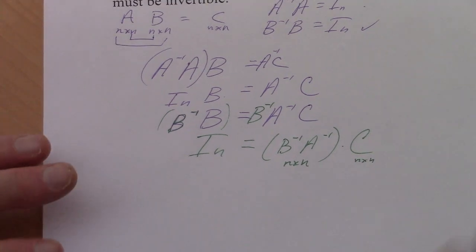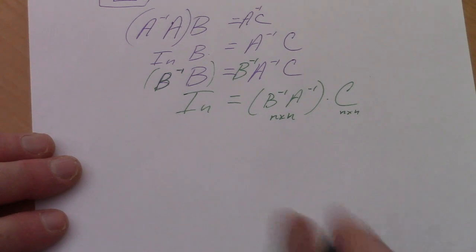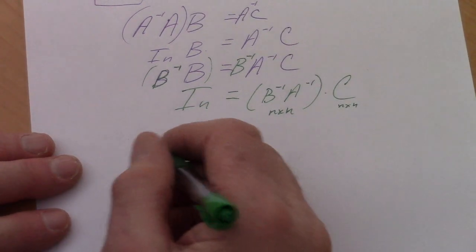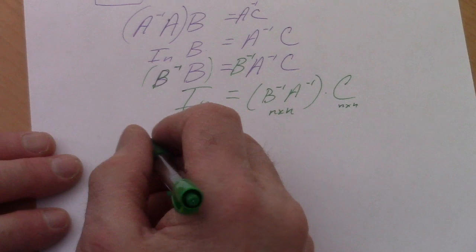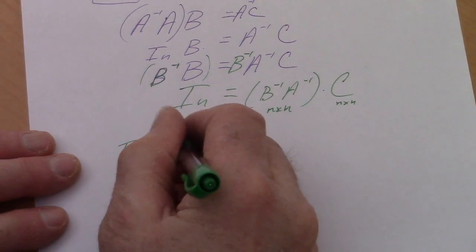So we can simply use the fact that two square matrices, when multiplied together, if they give you the identity matrix, and in the book it's an ancillary from Theorem 8.